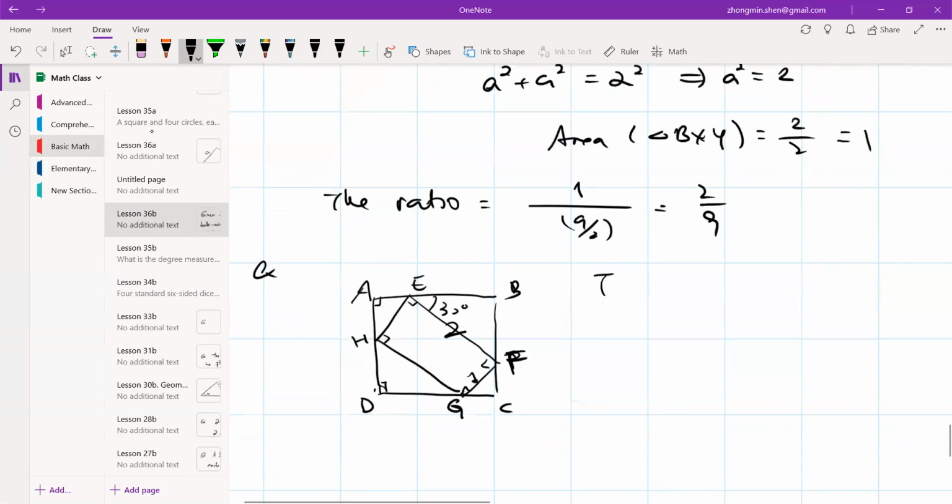I want to find the dimensions of the larger rectangle, or the outer rectangle. All right. Can you do that?